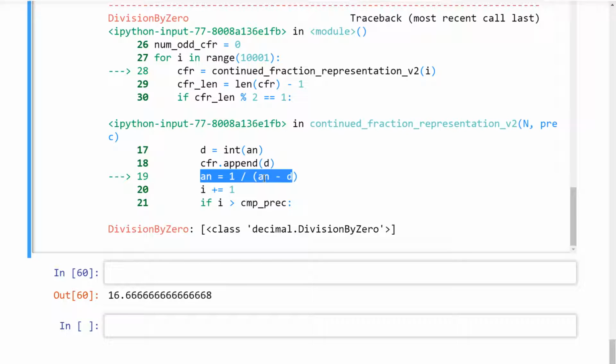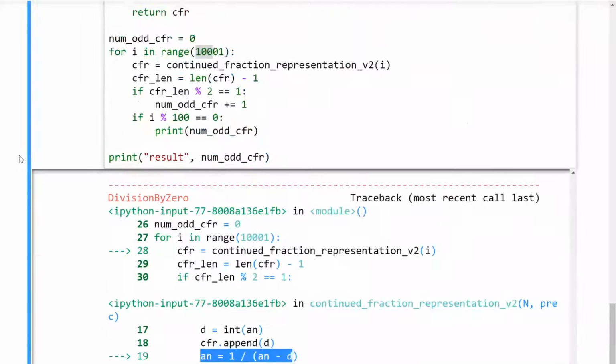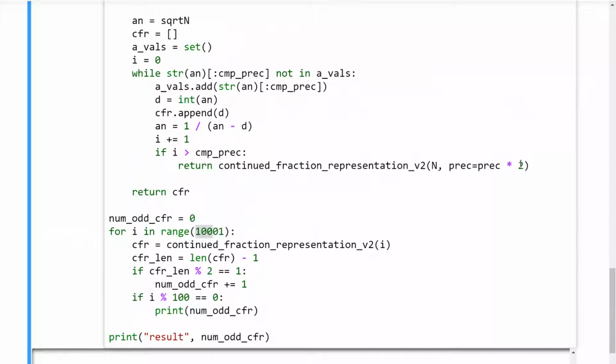AN minus D. AN minus D. AN minus the previous one was... Oh, I think we lost precision at some point. Yeah. So the int will be equal to the digit. Okay. So I guess this means that... What if it's the first round?